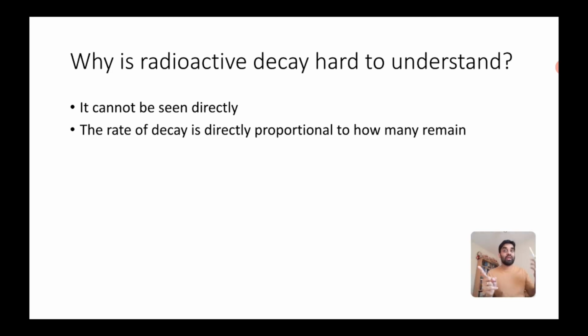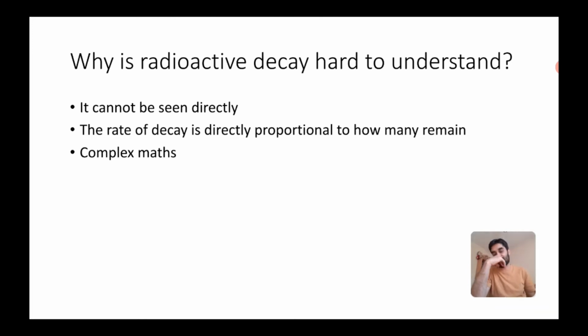So if A becomes B, the rate at which A becomes B is directly proportional to how many of A there still are. That's really difficult for students to understand. Even just explaining it in words is tricky. There are really interesting ways of showing that using Guinness and popcorn that I mentioned.